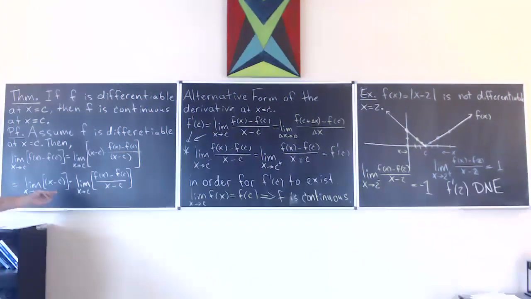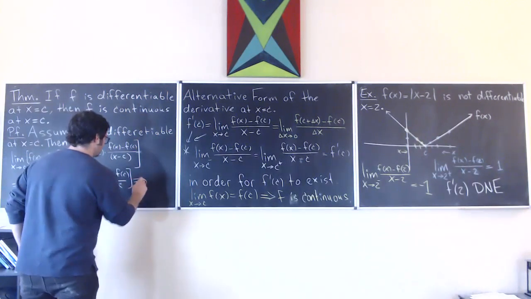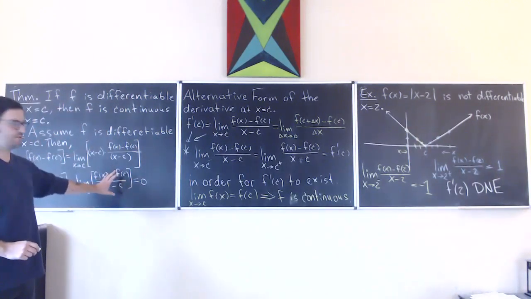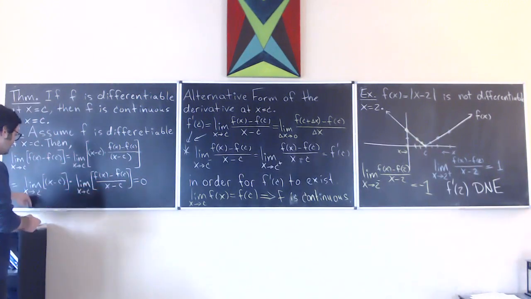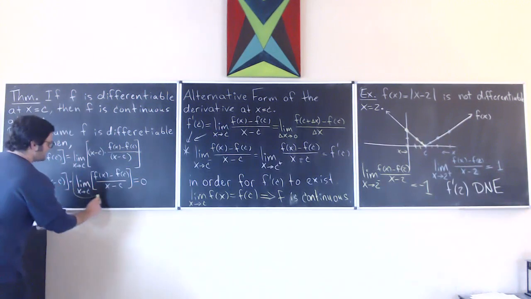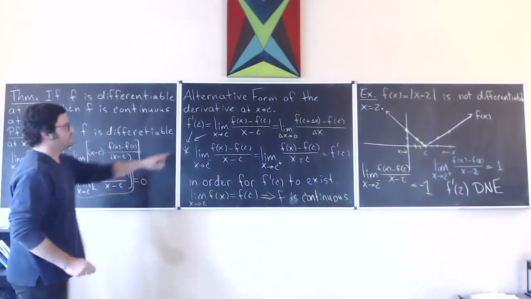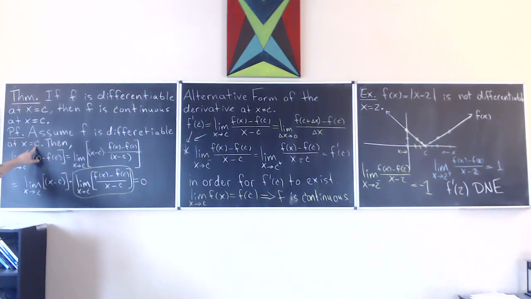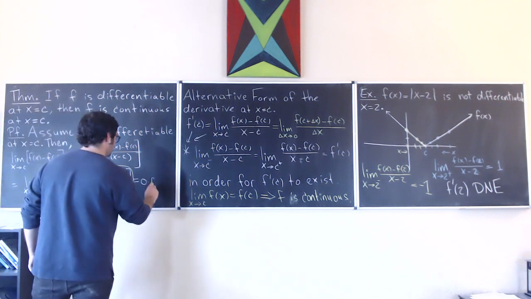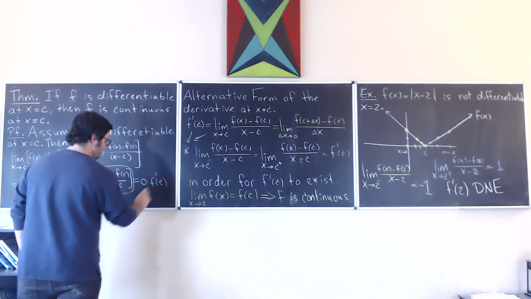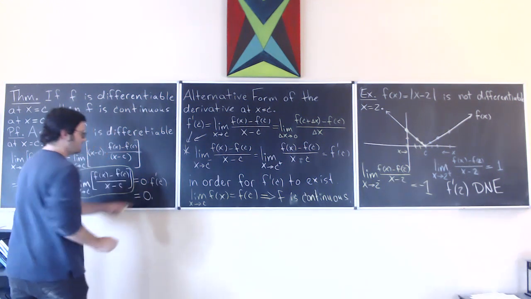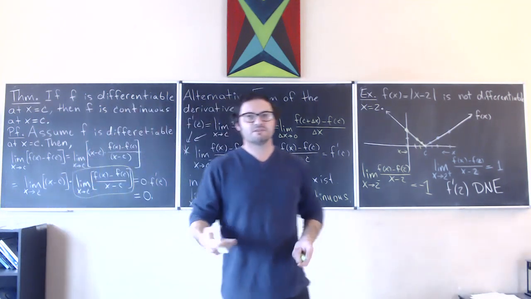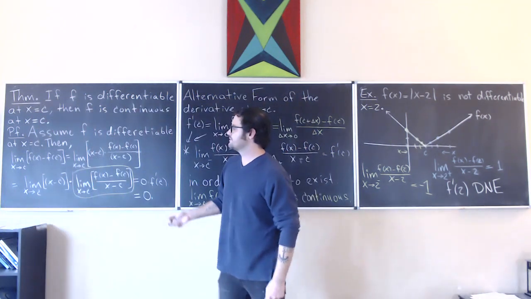Limit as x goes to c, we just plug in c and it becomes 0. And we need to make sure that this isn't also infinity or something. But what do we know about this quotient here? This is the derivative, which we know f has at x equals c. So we know that is equal to f prime of c. The derivative, if it exists, is just some number. So then we have 0 times some number, which is 0.